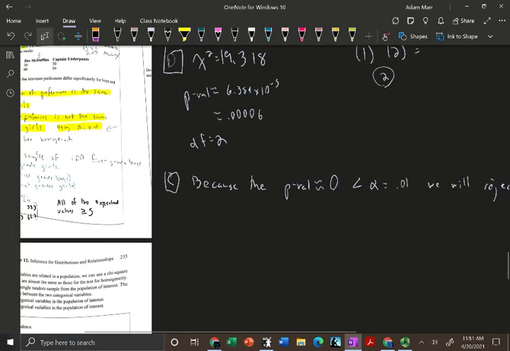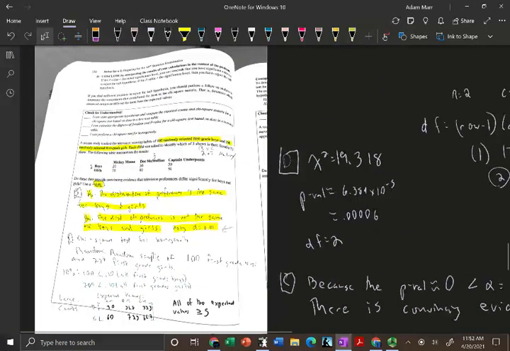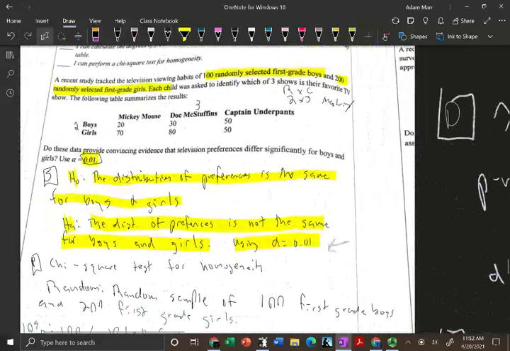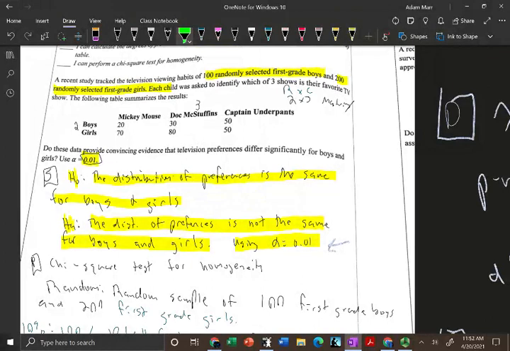Okay, so there is convincing evidence of whatever they asked for. So let's see, what was it they asked for? So there is convincing evidence that, I'm just going to parrot the actual original question, there's convincing evidence that television preferences differ significantly for boys and girls.